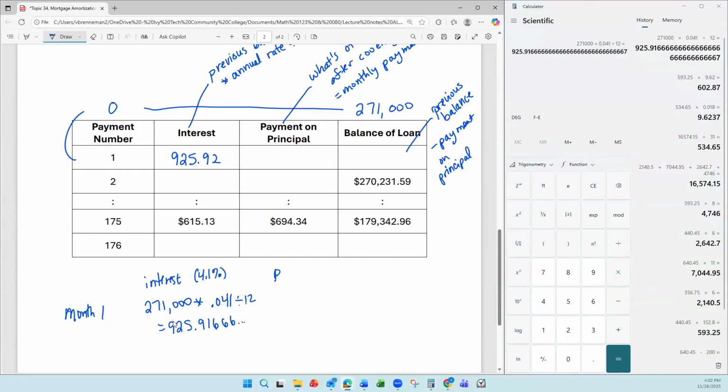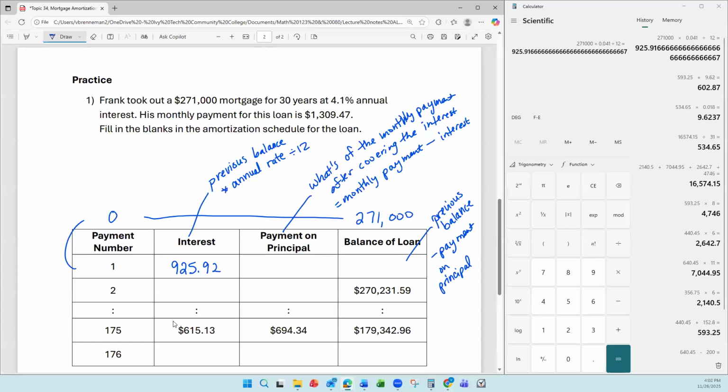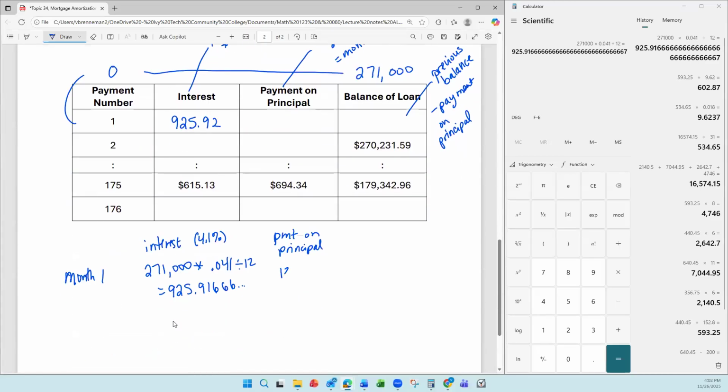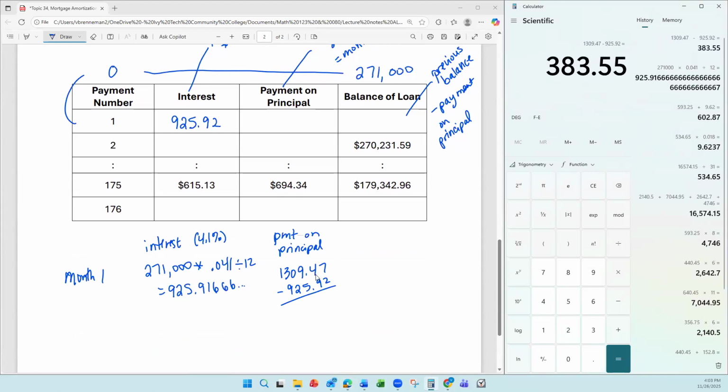Then the payment on principal is going to be the monthly payment, which is $1,309.47 minus the interest, so the $925.92. That's $383.55. That goes here.